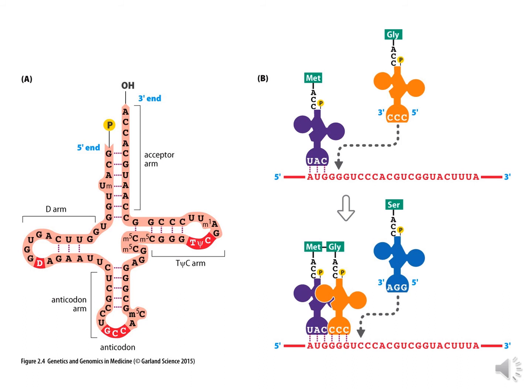So the peptide bond is not being formed through an enzyme, but rather a ribosome. And this process continues as we see the next tRNA molecule will come in and dock and join the serine molecule to the glycine molecule through the ribosomal RNA peptidyltransferase activity.